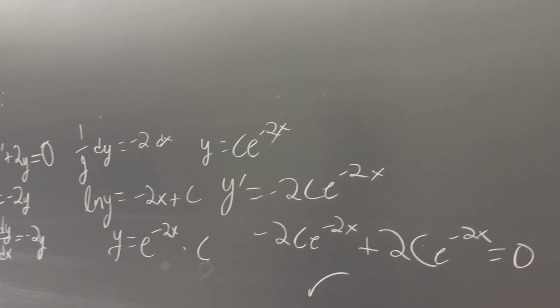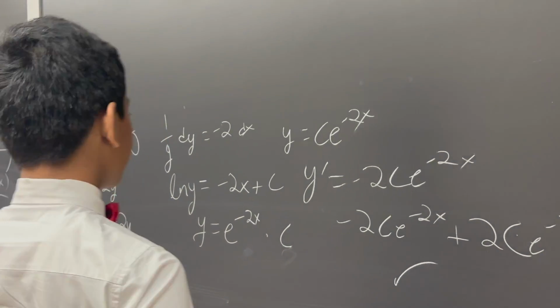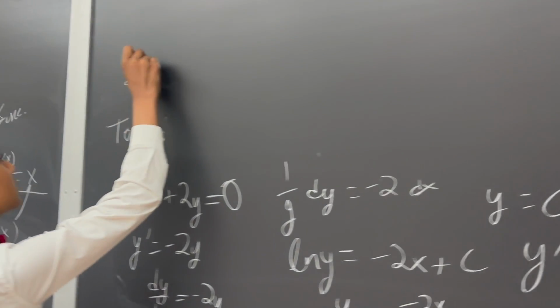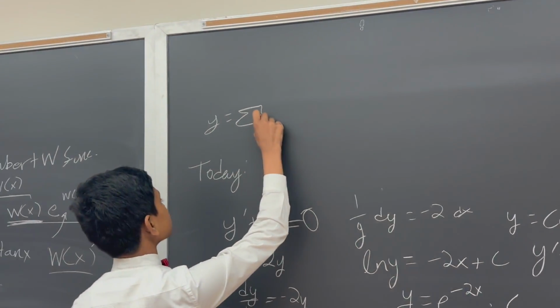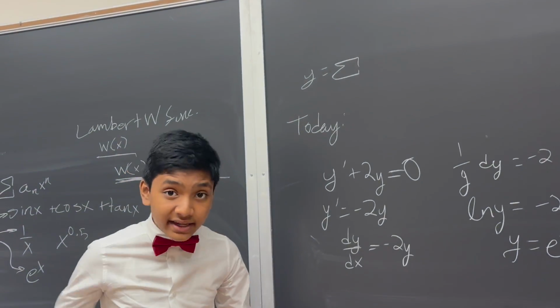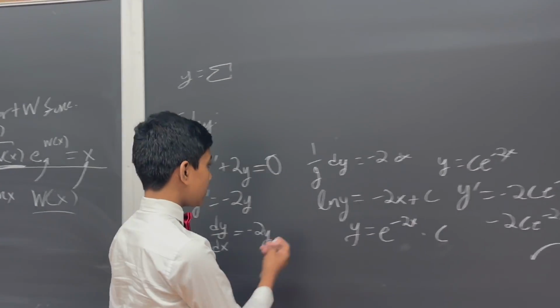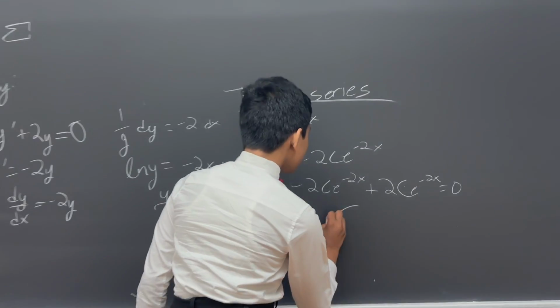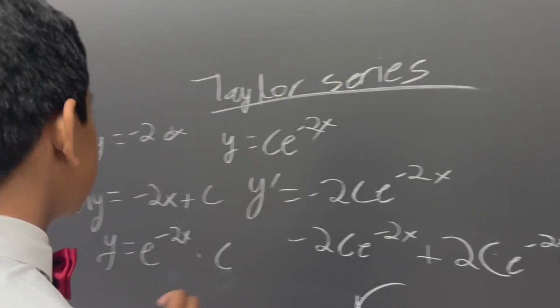But now we're going to introduce a power series element. How are we going to do that? Well, take y to be some power series. A power series can express anything you want. That's what a Taylor series is. But we haven't solved it using power series yet.